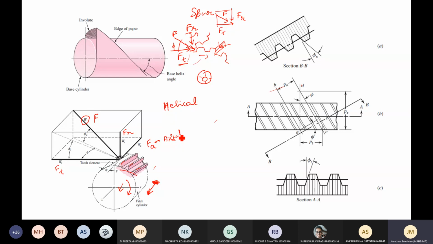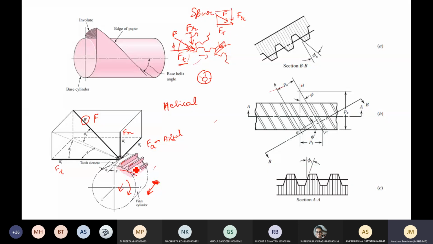So you have a gear where Ft is acting, Fr is neglected, fine. So you have to concentrate only on Ft. Now, because this Fa has come, it is going to influence the working of the system. Not only the gear or the gear tooth itself, the working of the system. So Ft will create a bending stress at the root of the gear tooth.